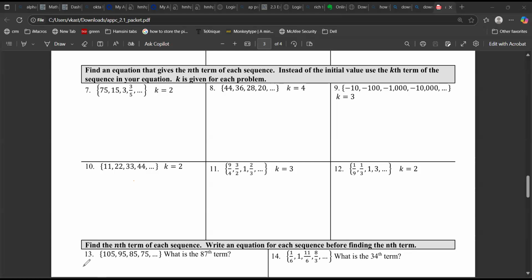I don't want a geometric sequence. So 33 is the second term. Yeah, second term. So 0, 1, 2. 33 is my second term. Does that sound good?